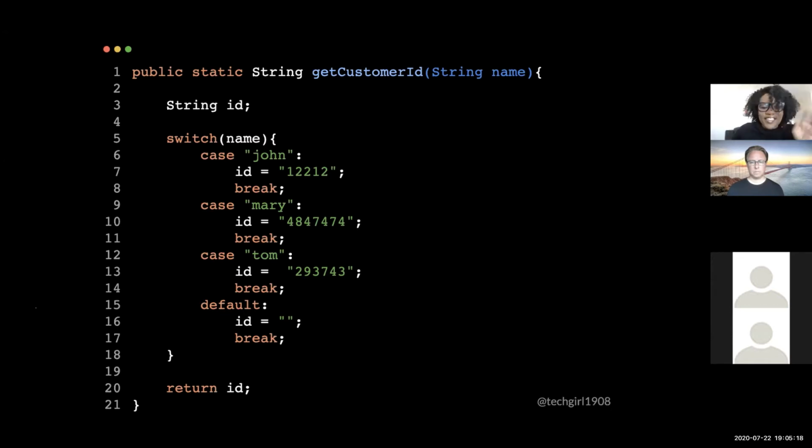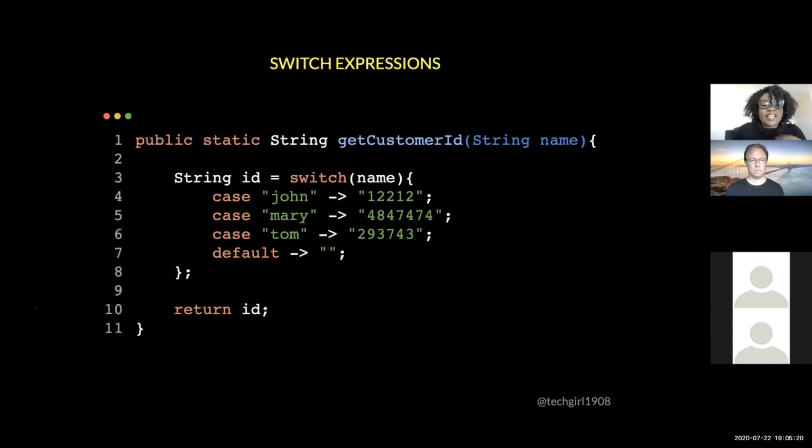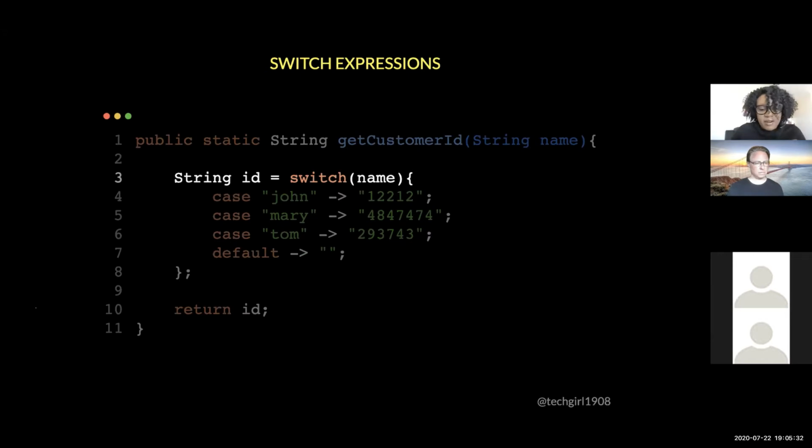So thank goodness for Java, because in Java 12, switch expressions were introduced. Now you can use switch to directly assign a value to a variable. Notice here, we're using switch on the right side of the statement to initialize this variable. The case statement doesn't need a colon in switch expressions, but instead it uses an arrow.